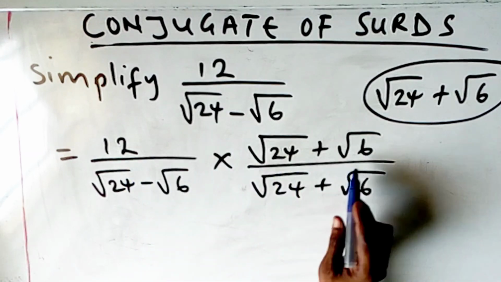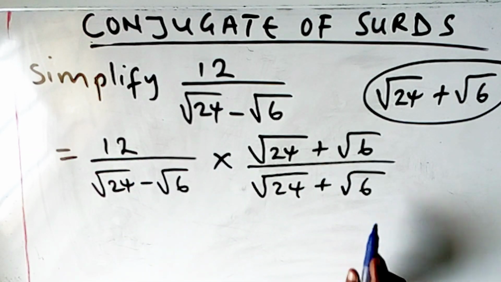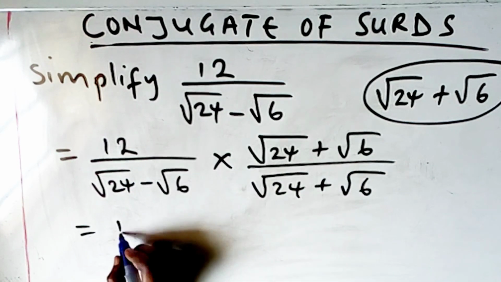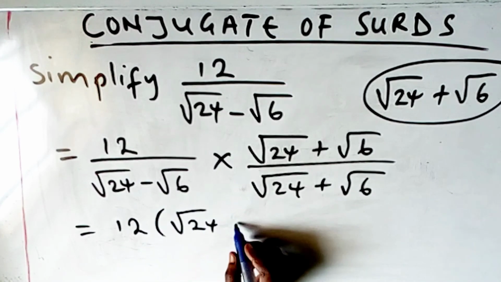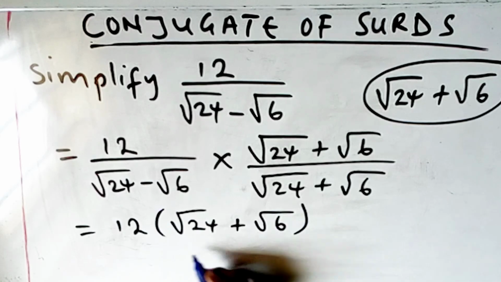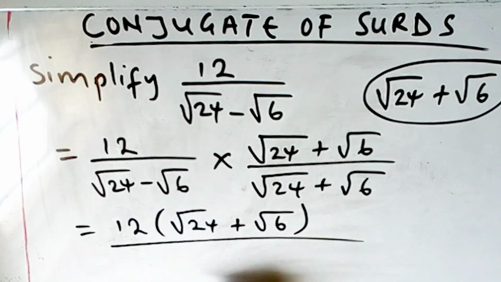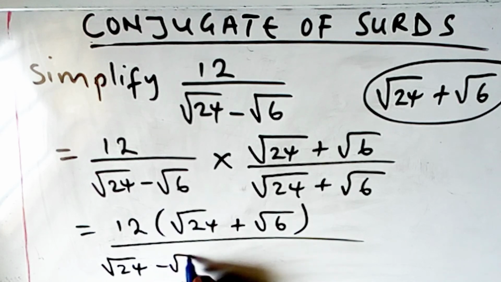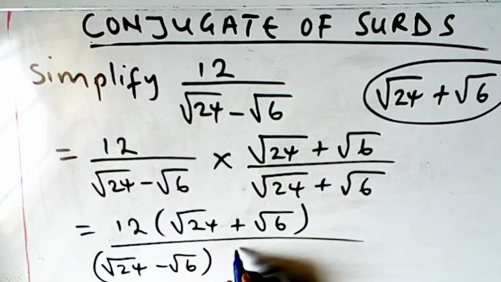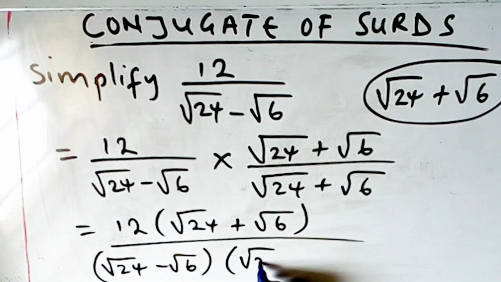So we use 12 to multiply root 24 plus root 6. That's what you can see on the board there. Then over, we use root 24 minus root 6 to multiply root 24 plus root 6. So we're going to put it in brackets this way so that it will be very easy to expand.